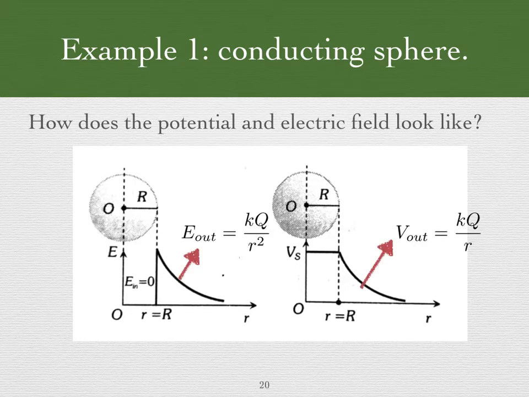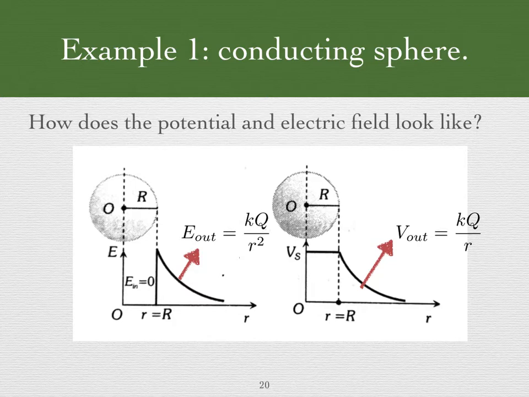In the following two graphs, the left-hand side shows the electric field distribution, and the right-hand side is the potential distribution. Outside of this sphere, both the electric field and the potential decay: one decays as kq over r squared, the other as kq over r.